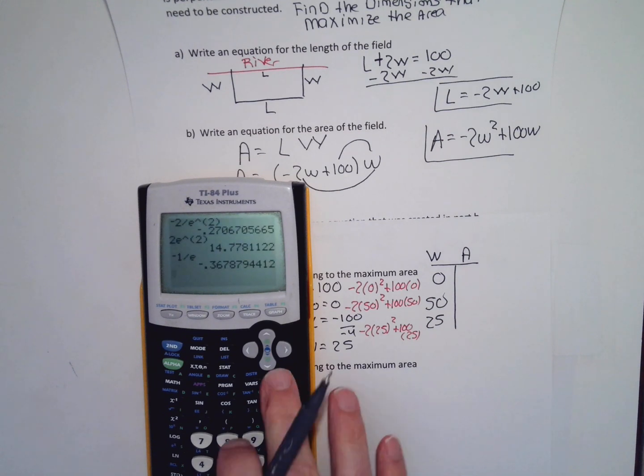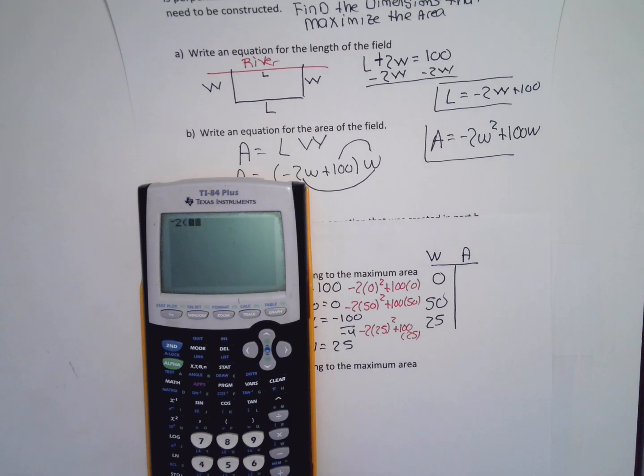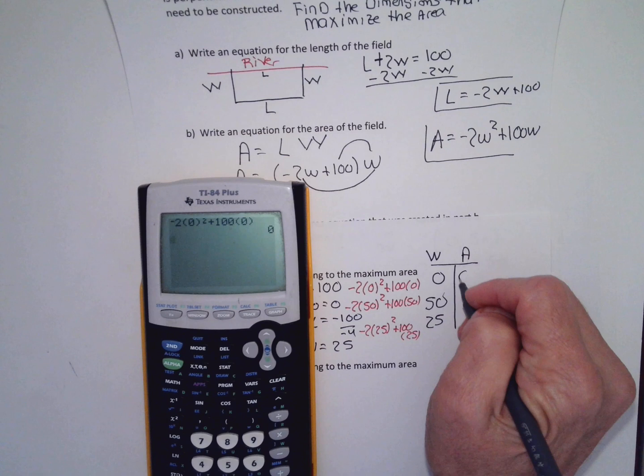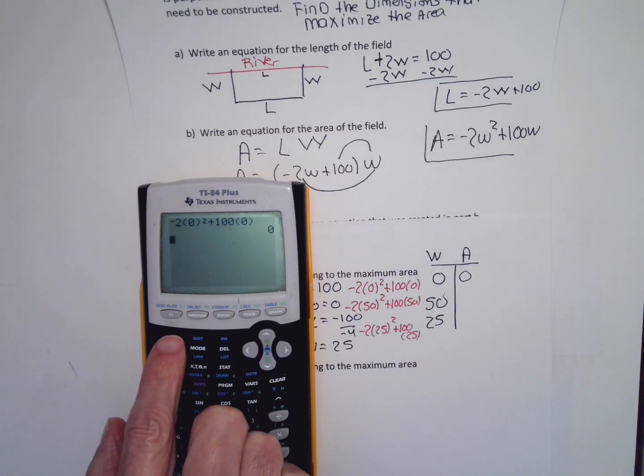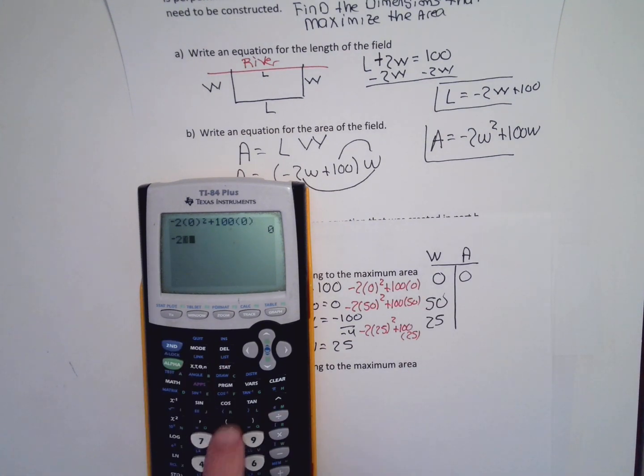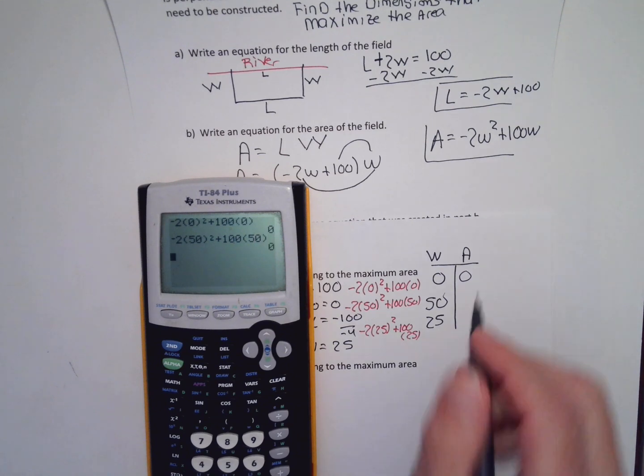The first two just come out to 0. So negative 2 times 0 squared plus 100 times 0 gives me an area of 0. And then let me just type it over, negative 2 times 50 squared plus 100 times 50 also gives me 0.